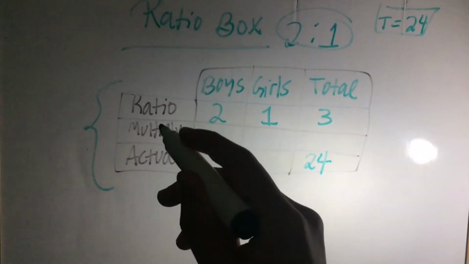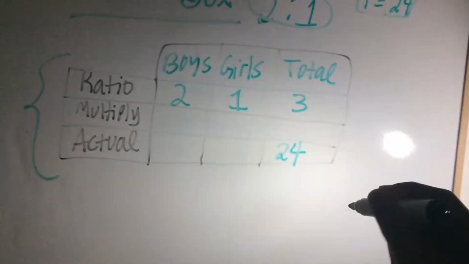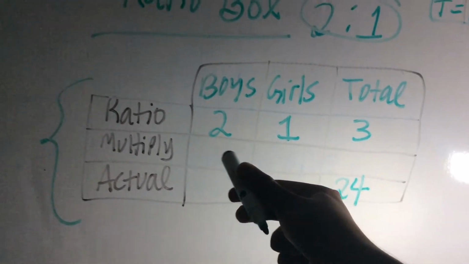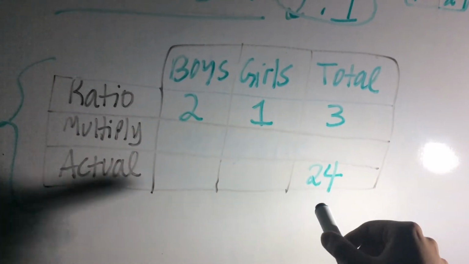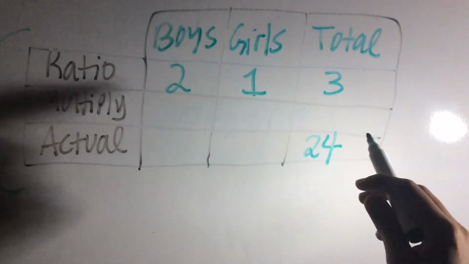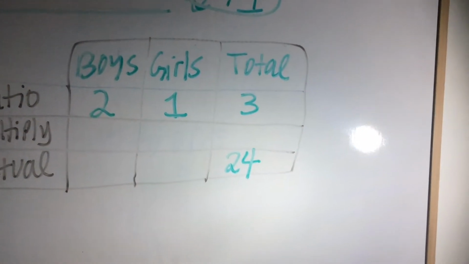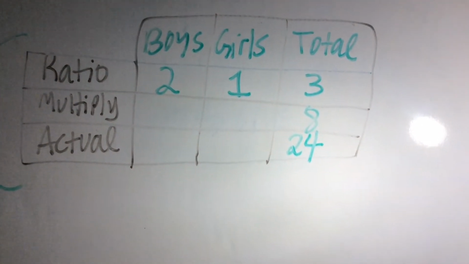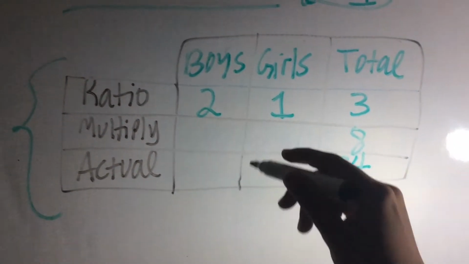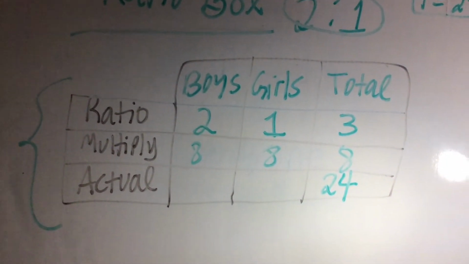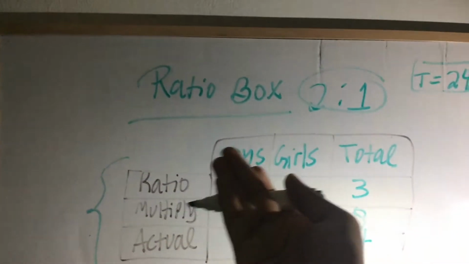Don't worry, you are going to understand this. Now, I need a number on this column that needs to be the same for everything here, because I need to find a number. 3 times a number needs to be 24. Which is that number? That number is 8. That was so simple. And I must put 8 in this one and this one, because that's the rule. Now you must multiply, because that is a rule of the famous ratio box.